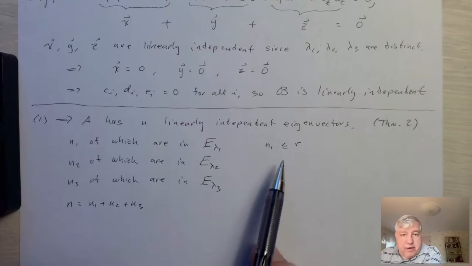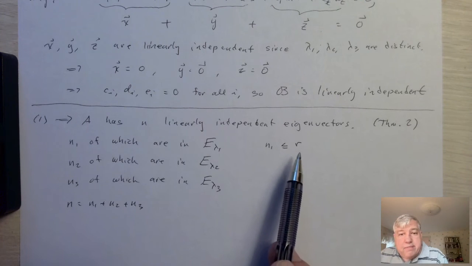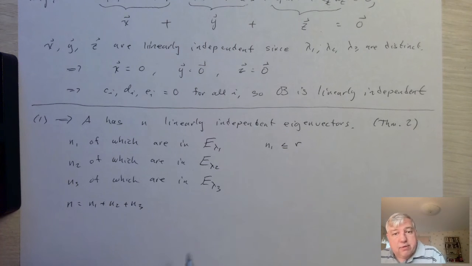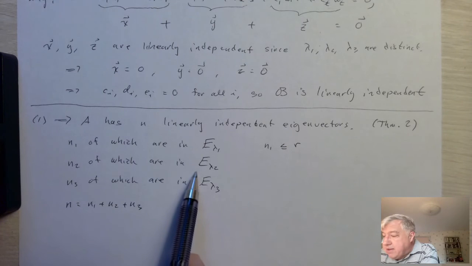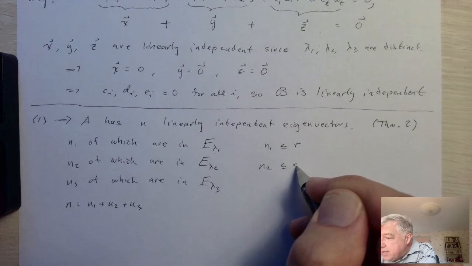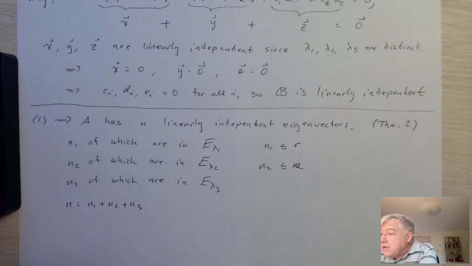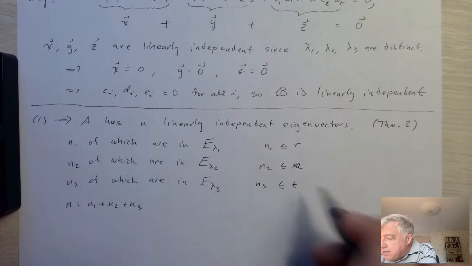You can't have more linearly independent vectors than the dimension of your subspace, which I think we proved, or it's not too hard to see, because of the uniqueness of dimension. Similarly, if we have n2 linearly independent vectors that sit inside of lambda 2, then n2 is less than or equal to s, the dimension of this eigenspace, and n3 is less than or equal to t.